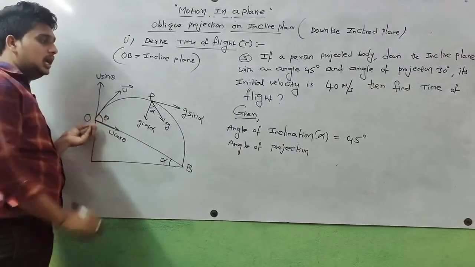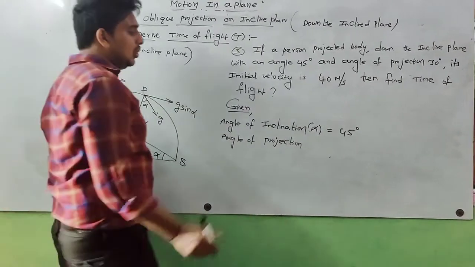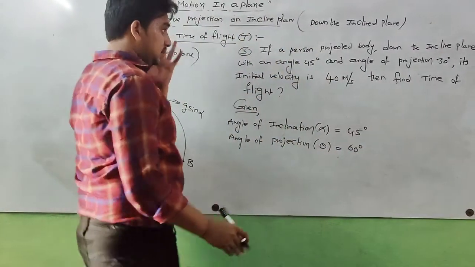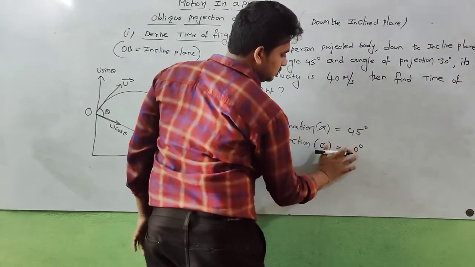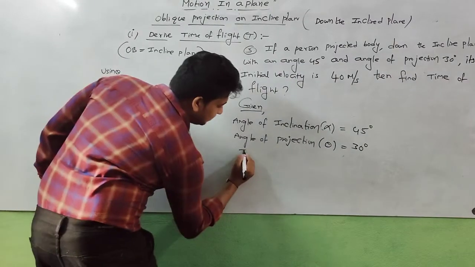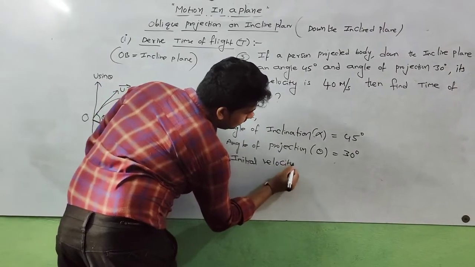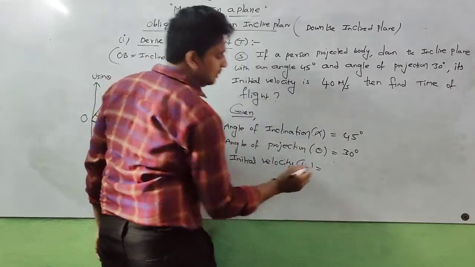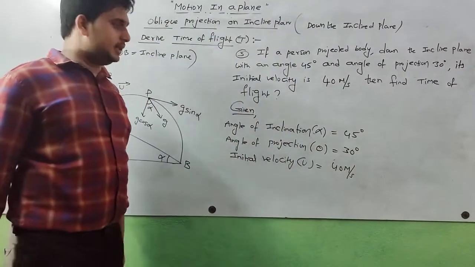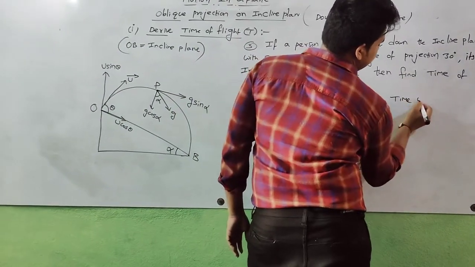This theta is called the angle of projection, and this alpha is called the angle of inclination. Angle of projection theta is equal to, sorry, what is given? 30 degrees. And initial velocity is 40 meter per second. We need to find the time of flight.